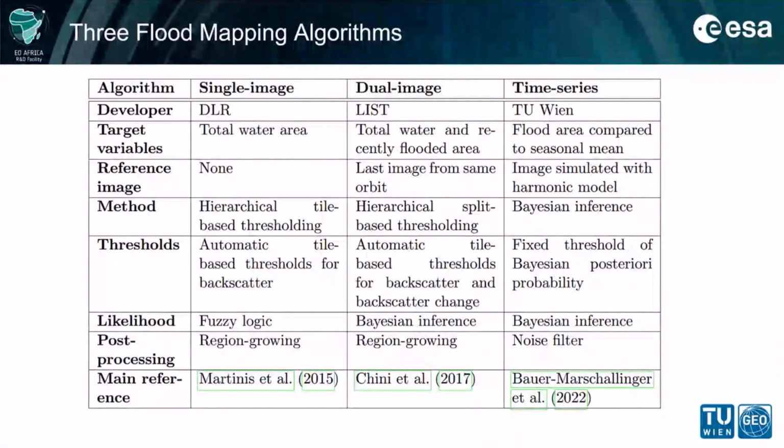DLR and LIST also have some region growing attached to the algorithm to refine the flood extent boundaries. Also, the way we estimate the likelihood is different. In the case of DLR, they use a fuzzy logic approach, and TRVN, again, a Bayesian approach, as in this case also LIST.